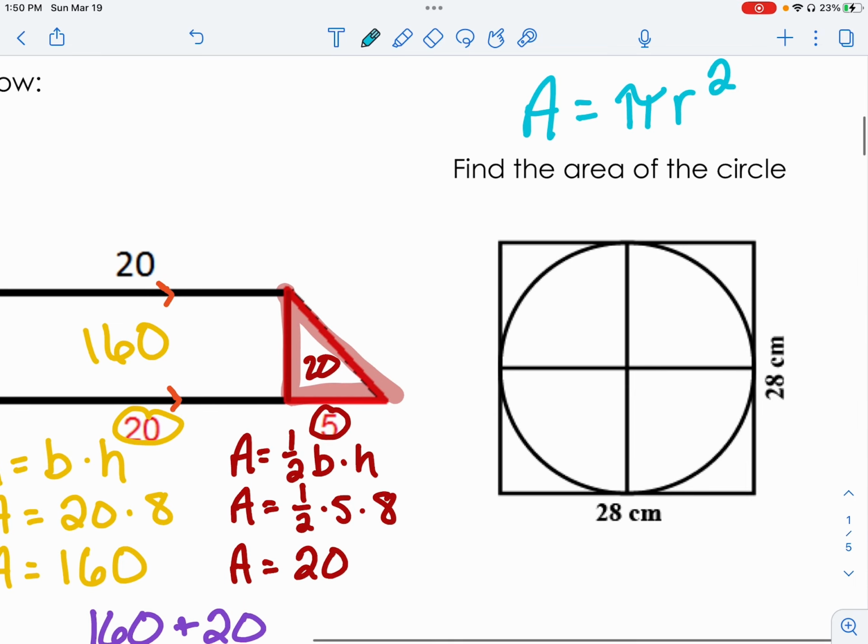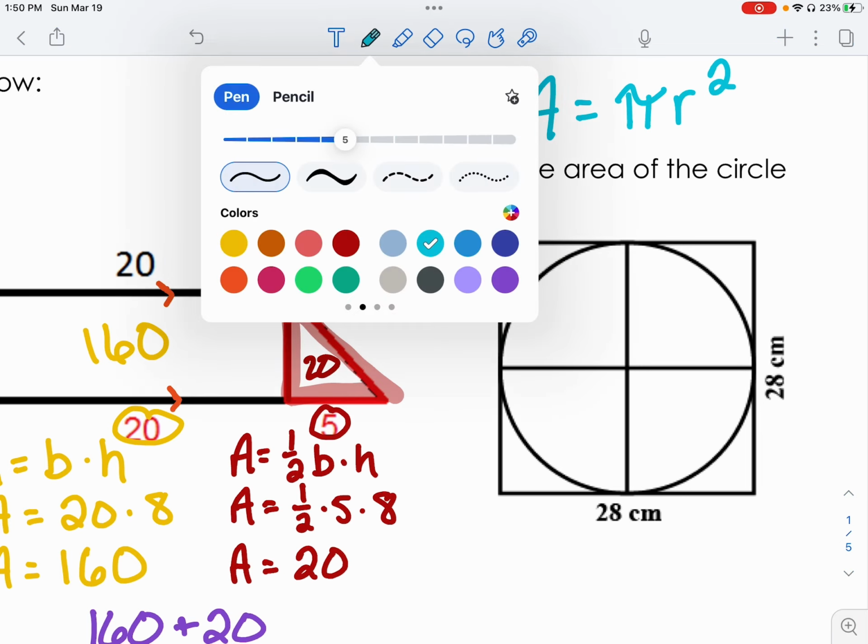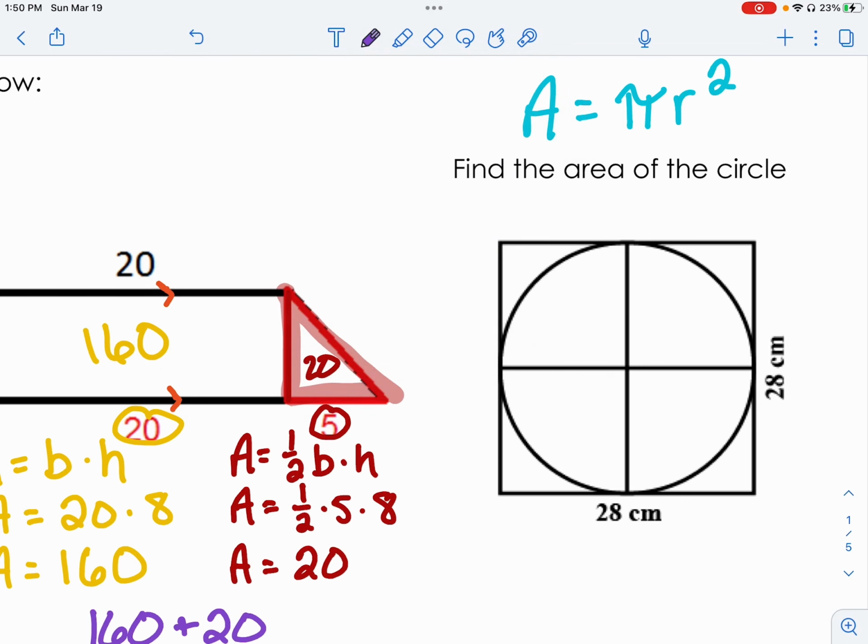Now, this is what is pretty neat about circles and squares. You will see a lot of problems given with circles and squares together. If I take the center of the circle, also known as the diameter, this diameter just so happens to be the height of the square that we are given.